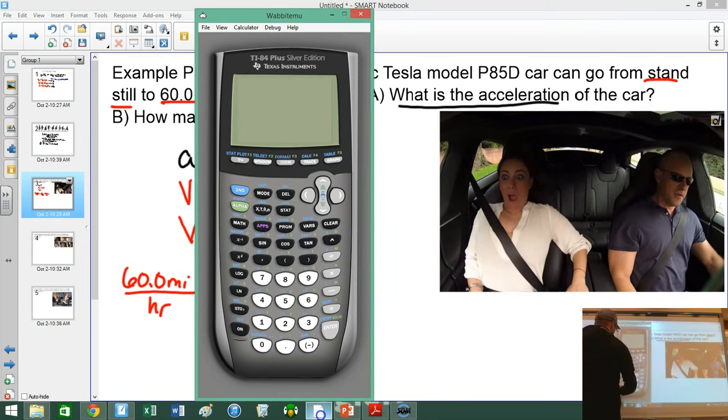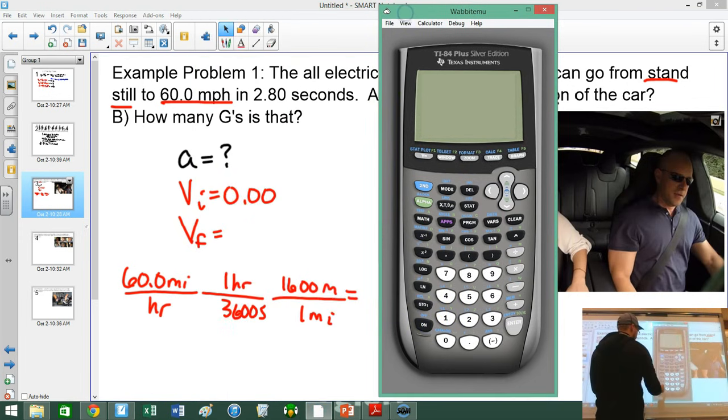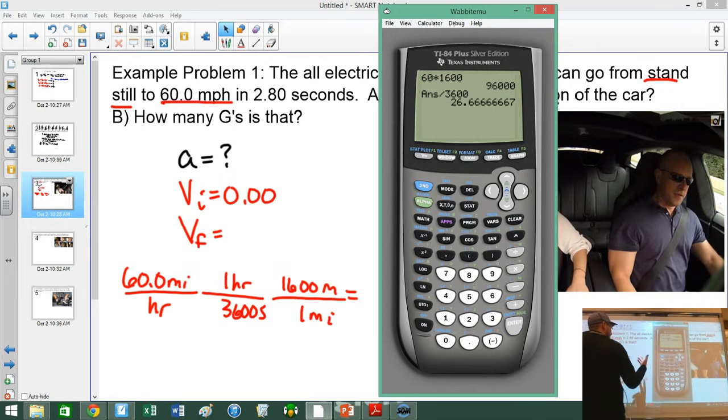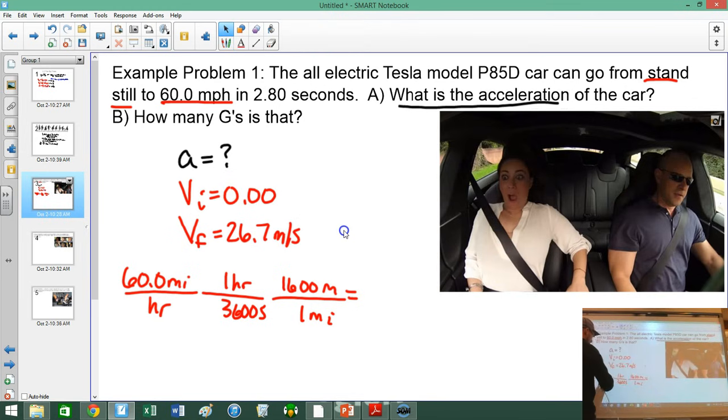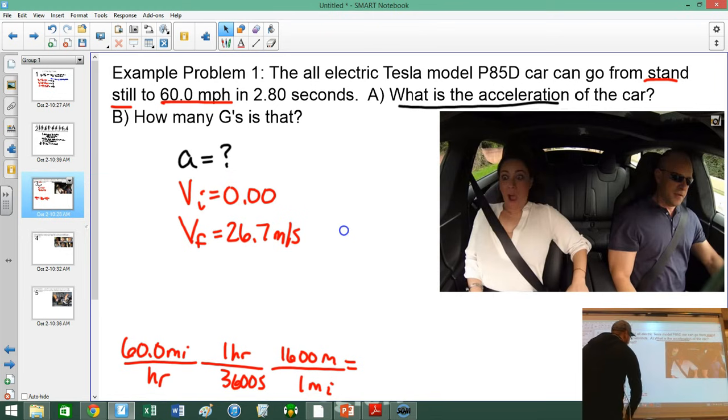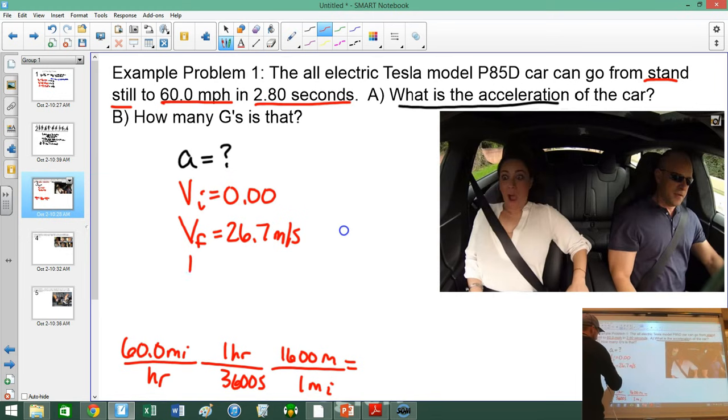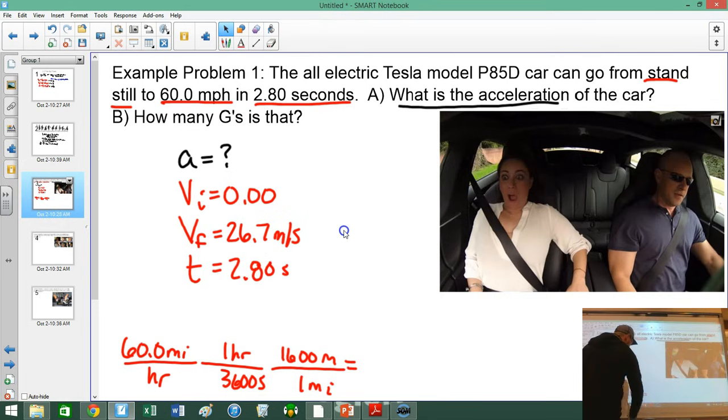So I take 60 times 1600 divided by 3600, and I get like 26.7 meters per second. And the other thing I know is 2.80 seconds. That's a time.